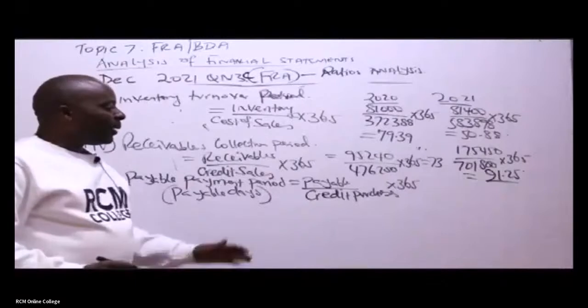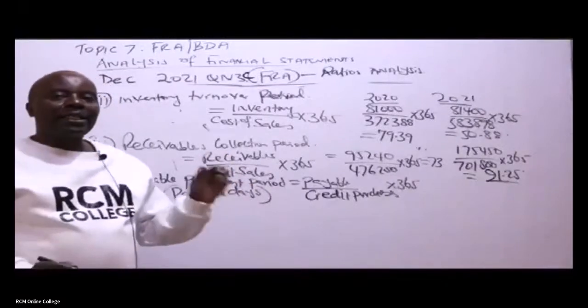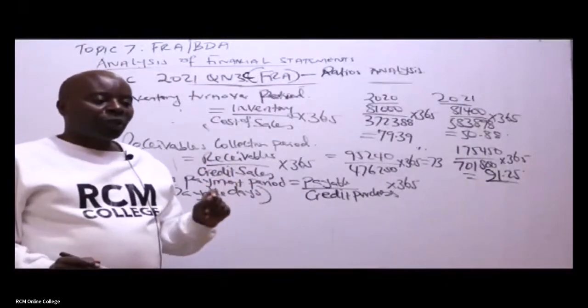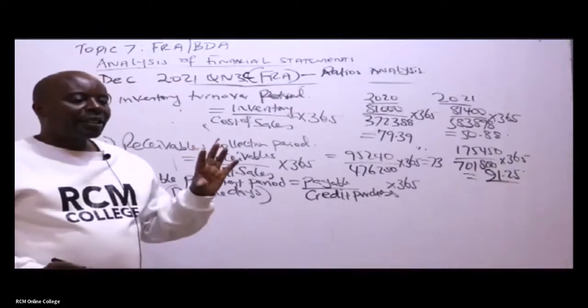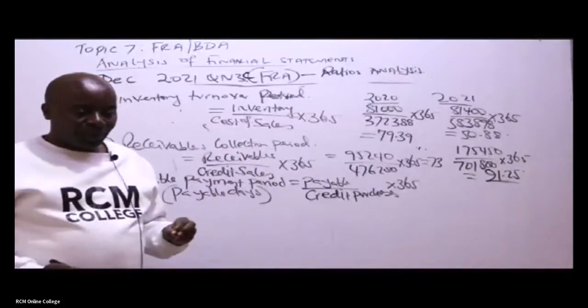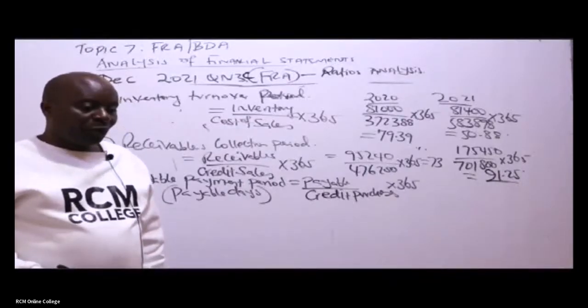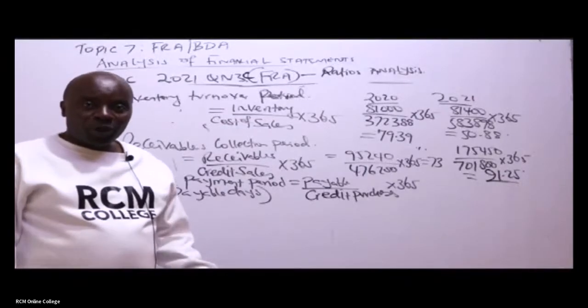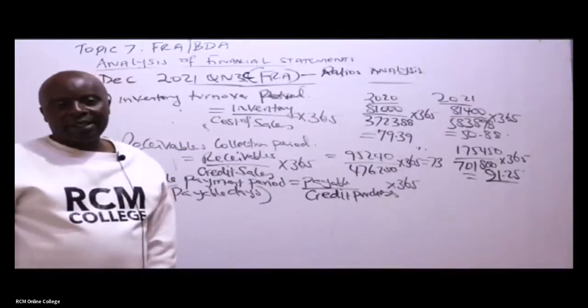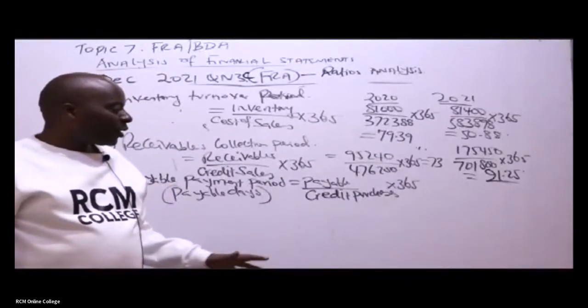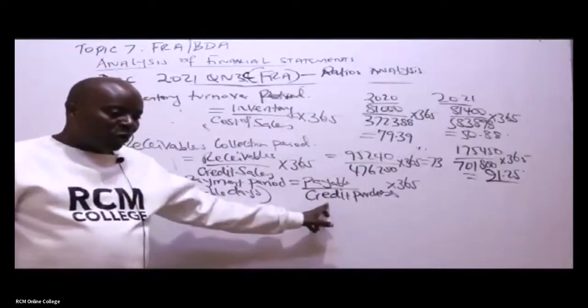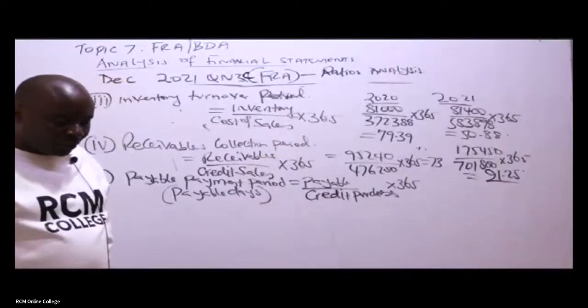And whenever purchases is not given, when you can't figure it out, you shall always assume that it is the cost of sales. If they don't tell you how much the purchases was, then use the cost of sales.